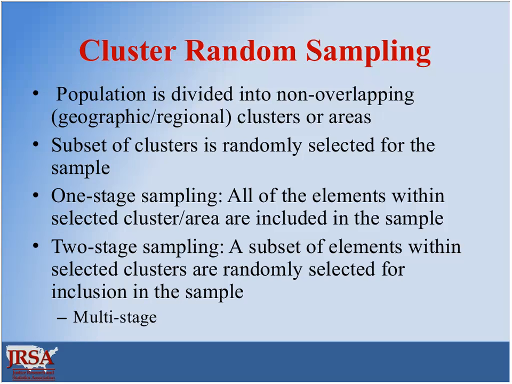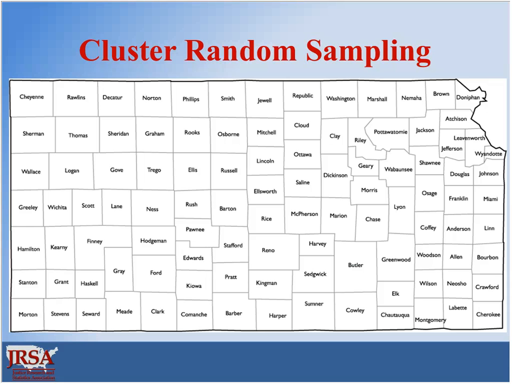This would be the first stage of sampling. Cluster random sampling can be a multi-stage process where you continue to a second, a third, and a fourth stage, depending on your research purposes.